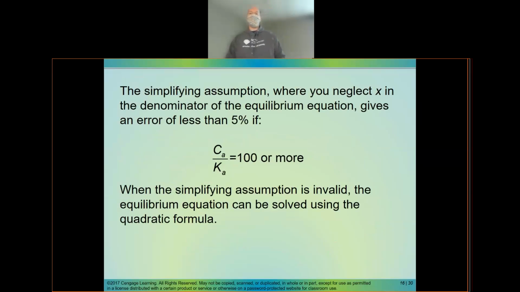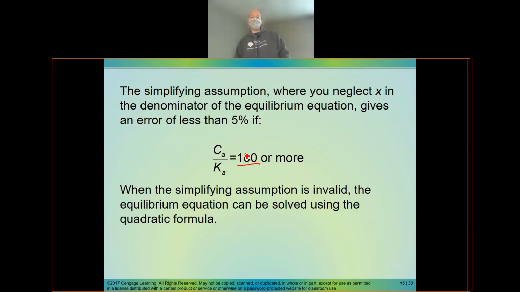All right, so here they're going to give you a simplifying assumption. So basically what they're going to say is if you take your initial concentration of A divided by your Ka and you get 100 or more, you do not have to put X in and check it. All right.